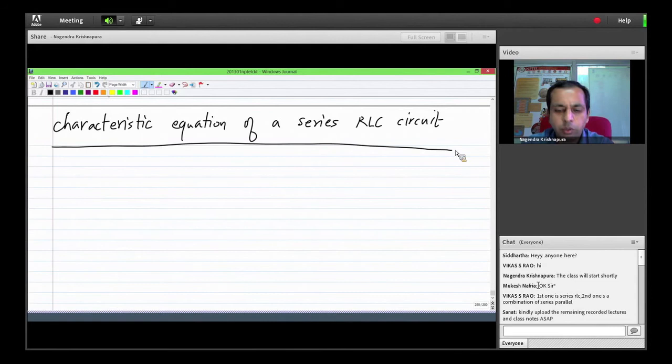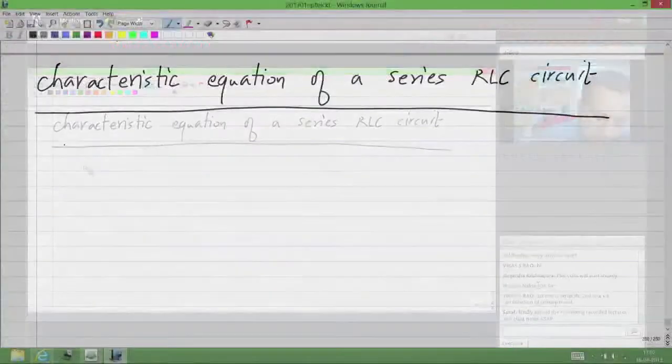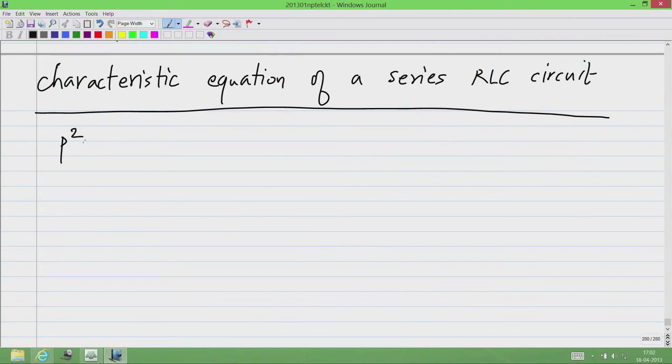Then you will get the same characteristic equation, because the left hand side of the differential equation will remain the same. So, for any series RLC circuit, wherever you apply the source or whichever variable you calculate the differential equation for, the characteristic equation will remain exactly the same, and that is P square plus R by L times P plus 1 by LC equals 0.